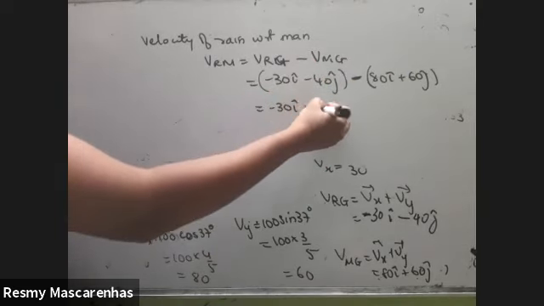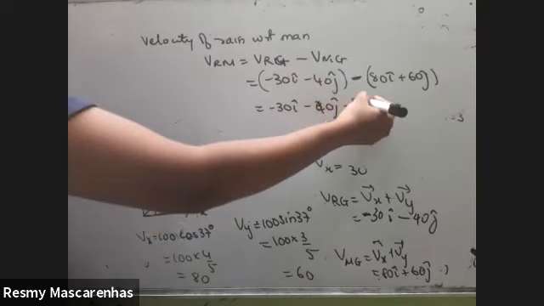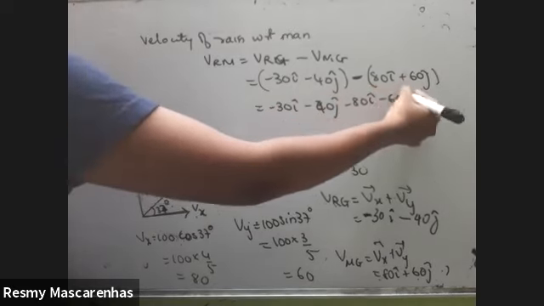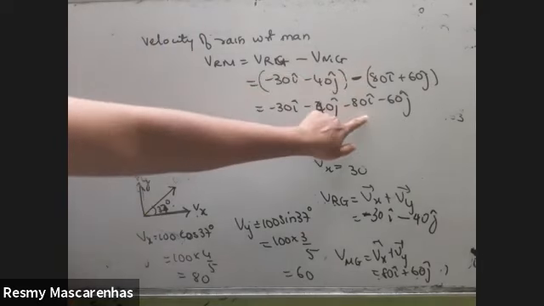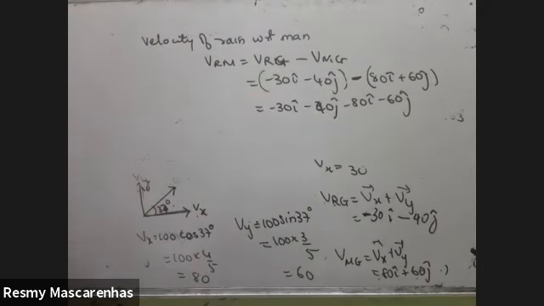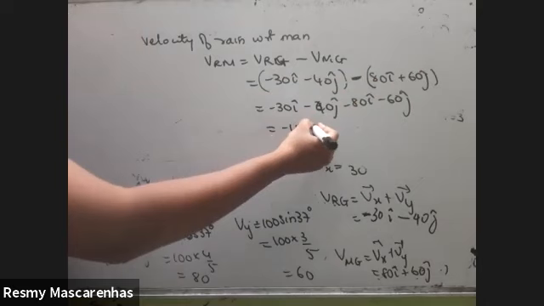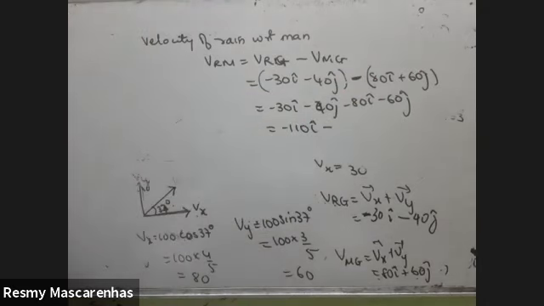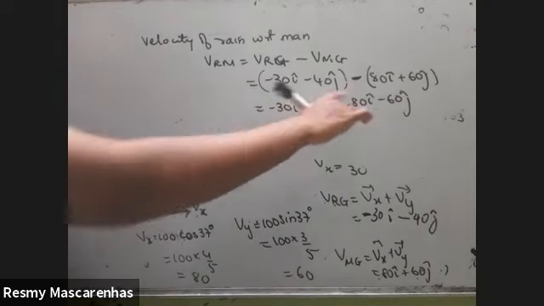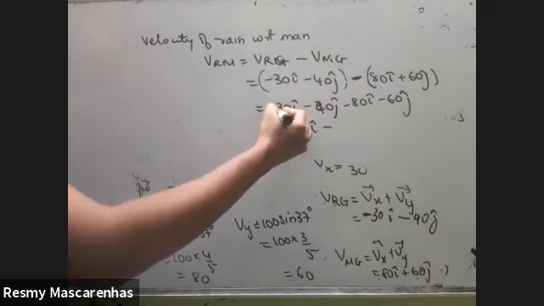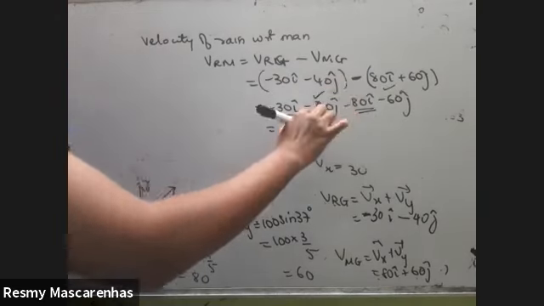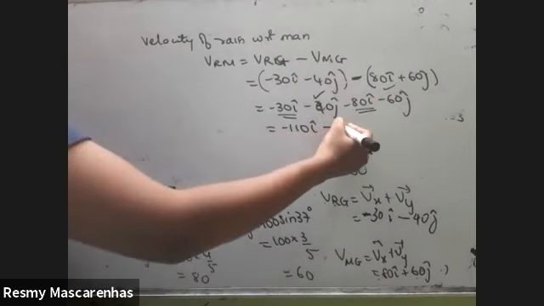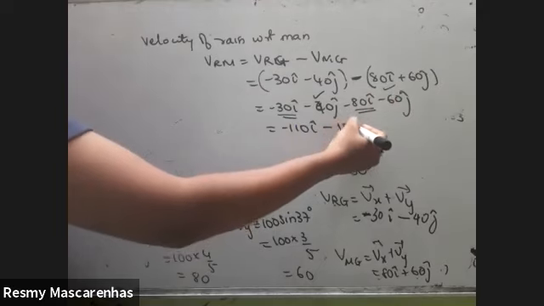So minus 30 I cap minus 40 j cap minus 80 I cap minus 60 j cap, because minus into plus will give me minus. This is minus 110 I cap, minus, what, 30 I and 80 I. This and this you have to add. Minus 40 minus 60 will give 100 j.